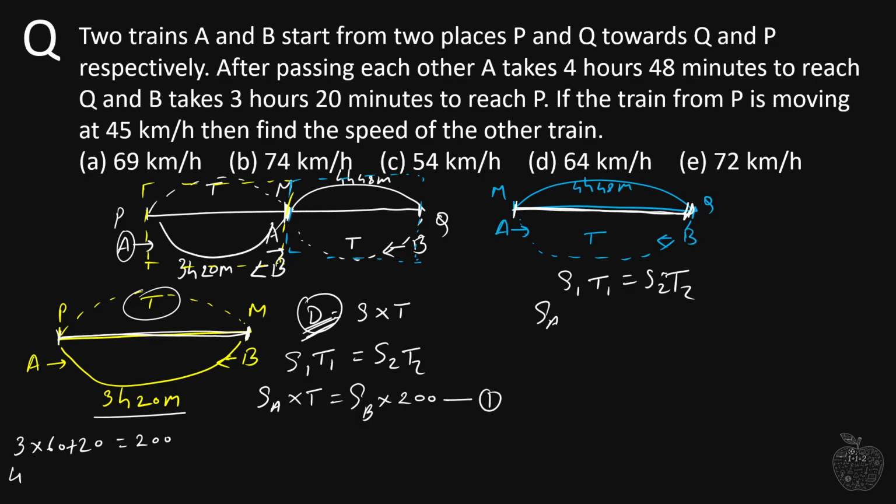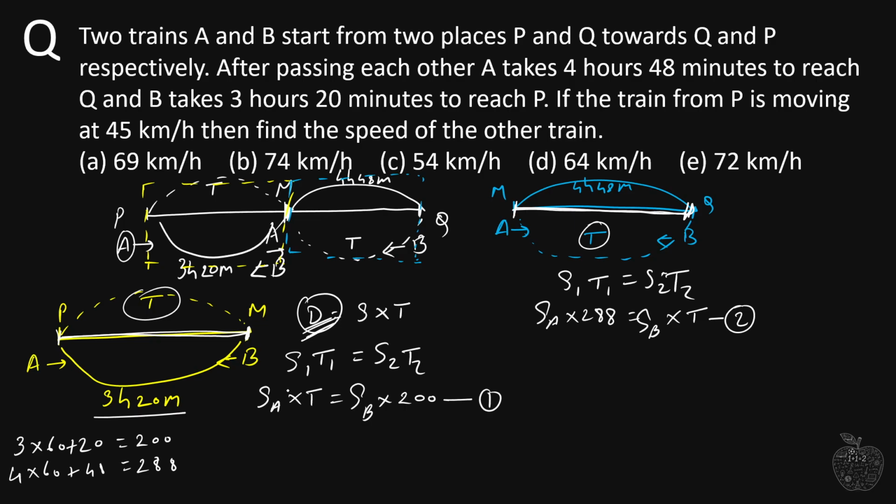Converting into minutes, 4 into 60 plus 48 is 288 minutes. So SA into 288 is equal to SB, the speed of B, into T2, the time taken by B, which is t. Let's call this equation 2.